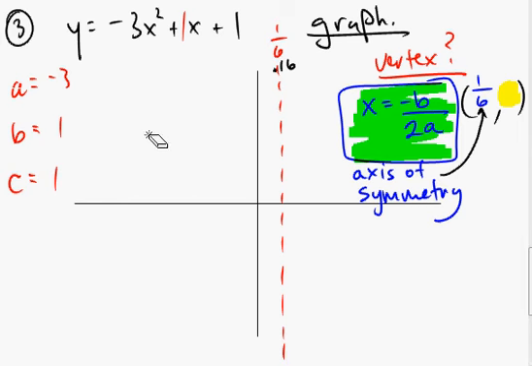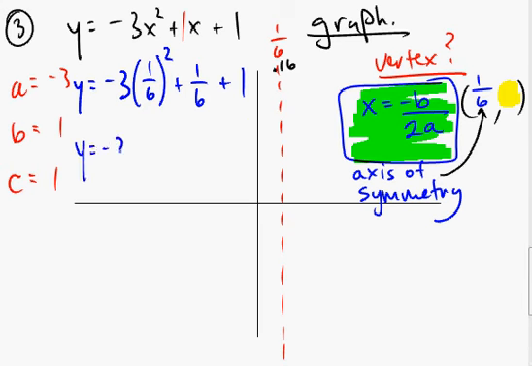So the big question is, how do we figure this out? If x is 1/6, what's y? Yeah, plug the 1/6 into here. Good job. So we get y equals -3 times 1/6 squared, plus 1 times 1/6, I'm just going to write 1/6, plus 1. What's 1/6 times 1/6?